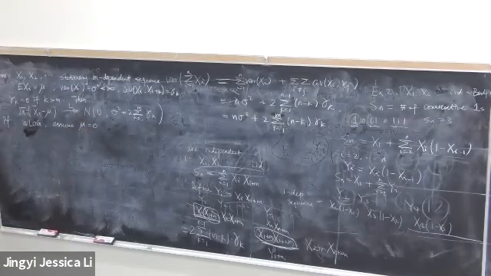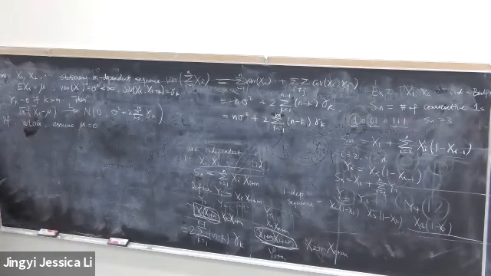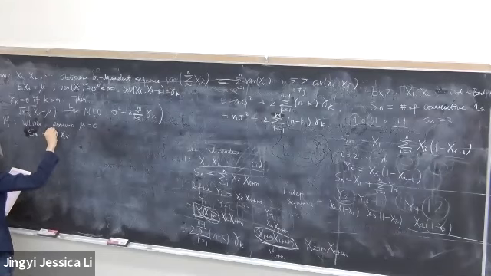Okay, and the second thing we want to do is that we want to work with the sum, because it's easier to work with the sum in this case than the average, because the sum divided by n is just the average. So working with the sum is enough. So we define Sn to be the summation of Xi. And we want to make use of the M dependence to help us.